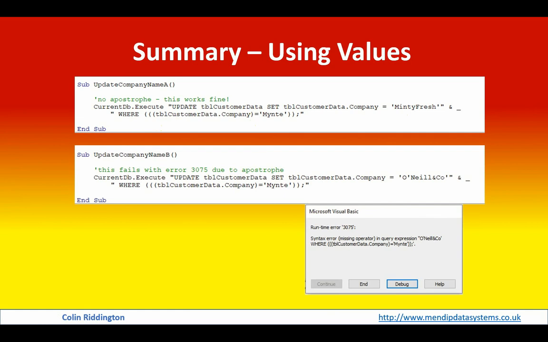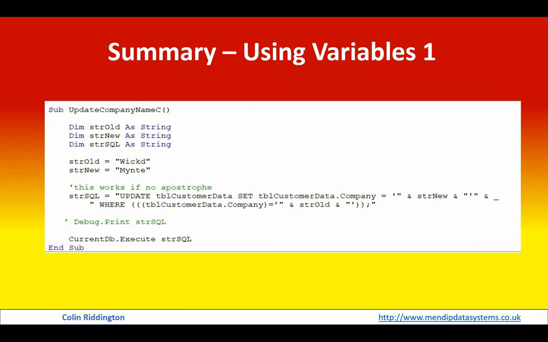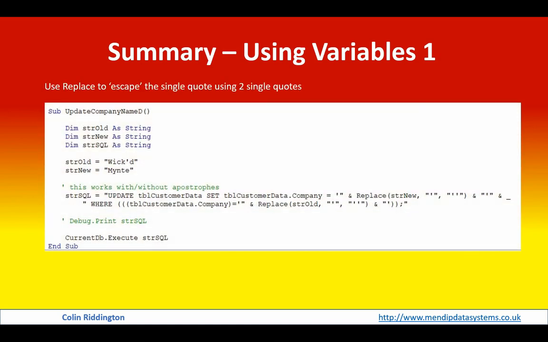To get around that then, we can use various methods. But one way I've shown you earlier is where we actually go on to using variables. Without an apostrophe in the name, it's perfectly right to just do that sort of expression there.